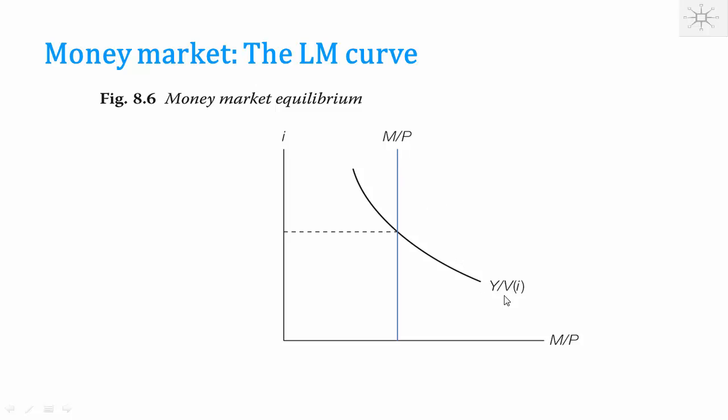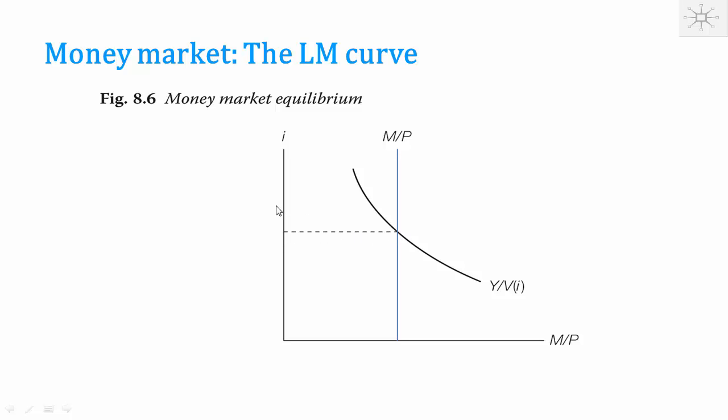And then we have the demand for money, and we know that that depends negatively on the interest rate, because the interest rate is the opportunity cost of holding money. So if the interest rate goes up, then velocity goes up and money demand goes down. And then the equilibrium in the money market, or in the loan market, is this interest rate here.